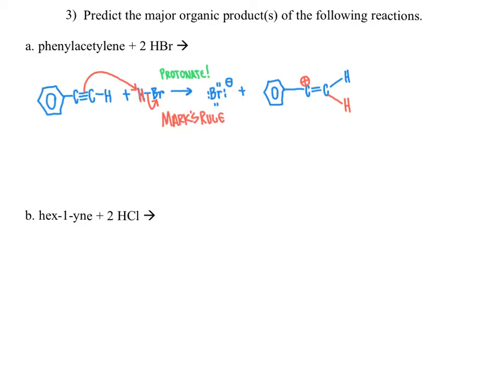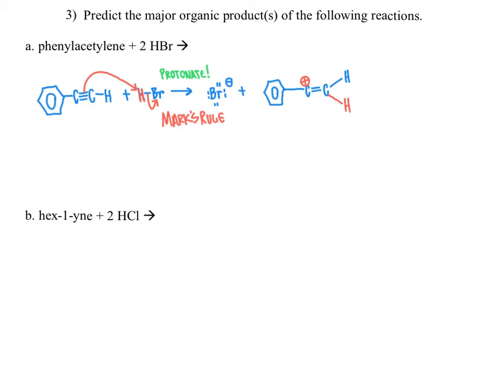So then with that in mind, now we have our carbocation intermediate, and the bromide anion acts as a nucleophile to come in and form a covalent bond to that carbon atom.